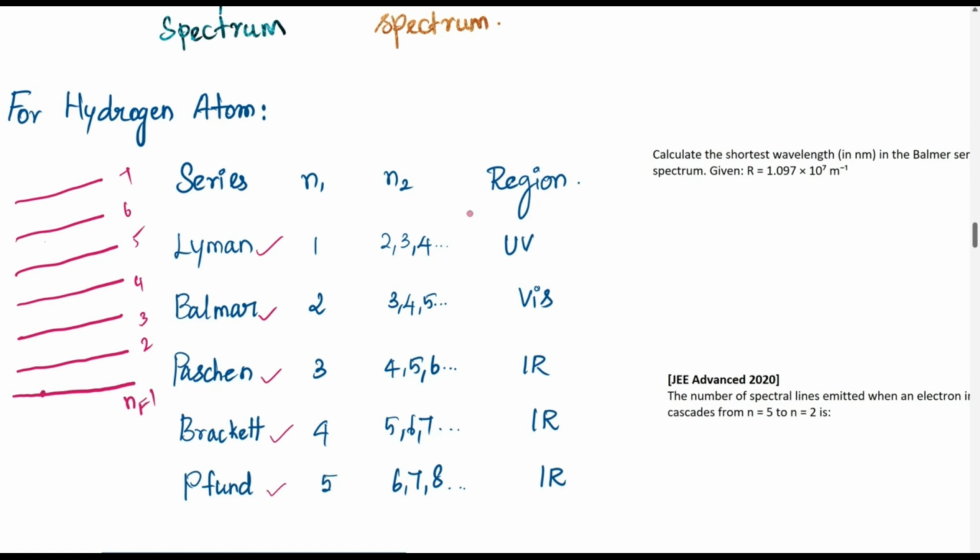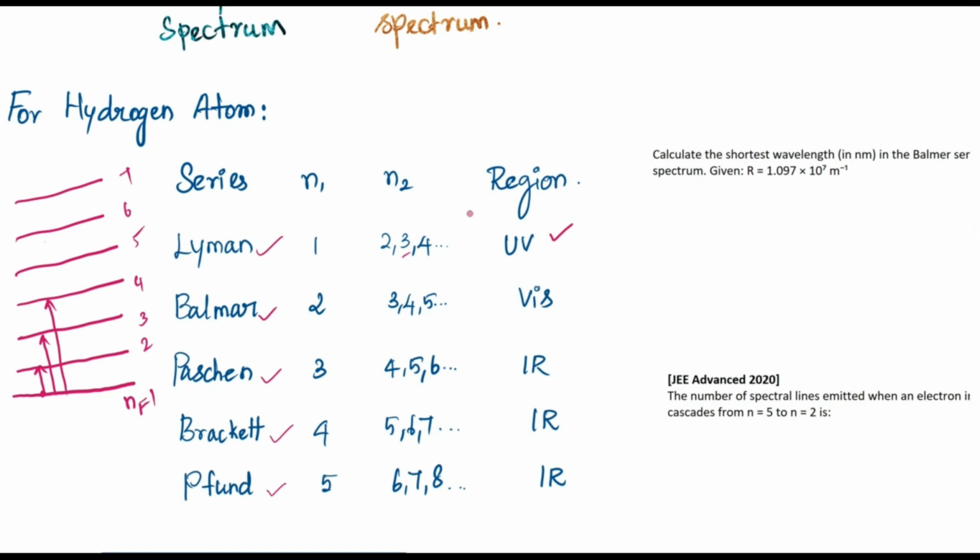If an electron goes from the first state to the n2 state, or the first state to the third state, fourth state, and so on, those lines are called the Lyman series. First state to the consequent states, those are the Lyman series, and that series can be observed in the UV region.